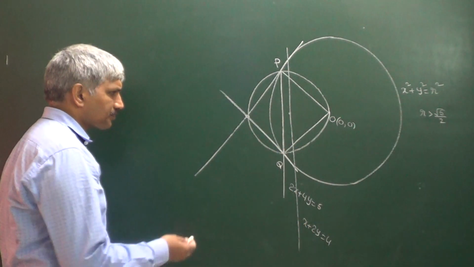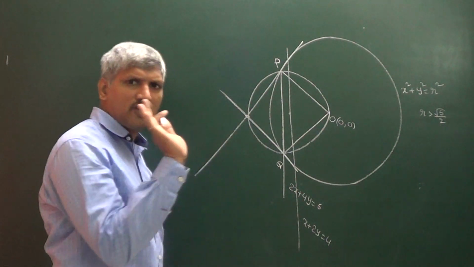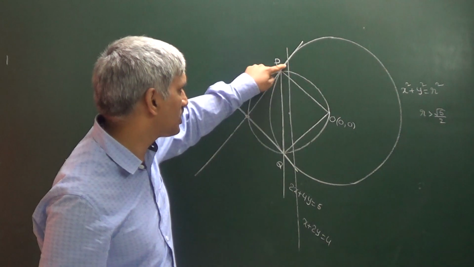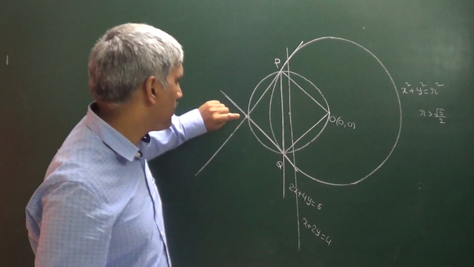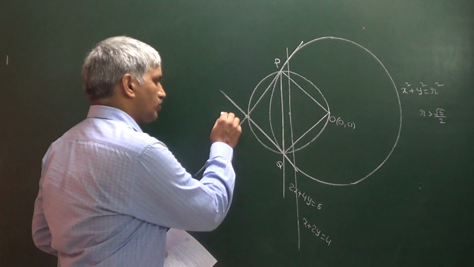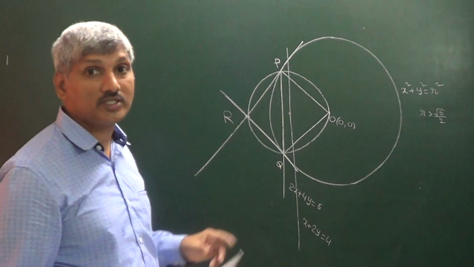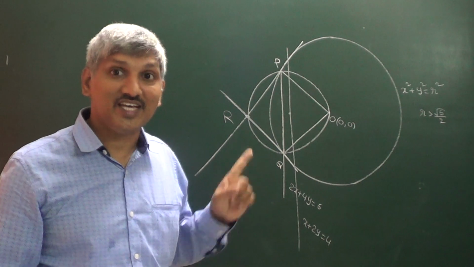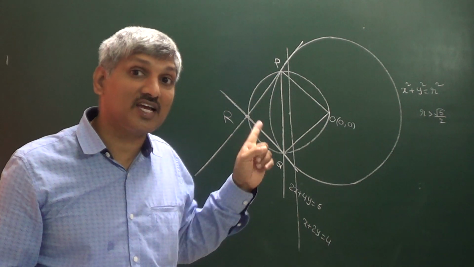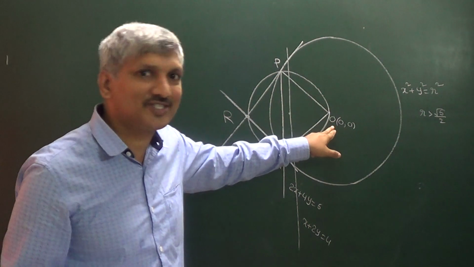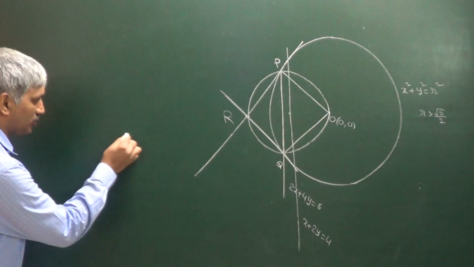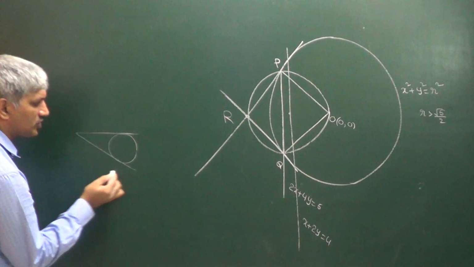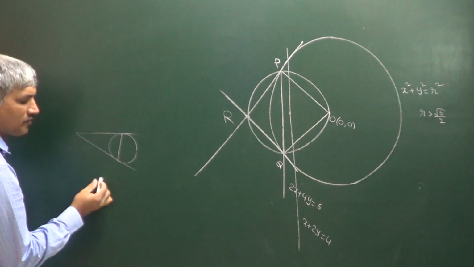Okay, see. One point we know is that a circle circumscribing the triangle OPQ must pass through this point, say R. That is the discussion we did earlier. A circle circumscribing the triangle PAB must pass through the center of the circle, as we discussed, because tangents are drawn to this circle and this is called the chord of contact.